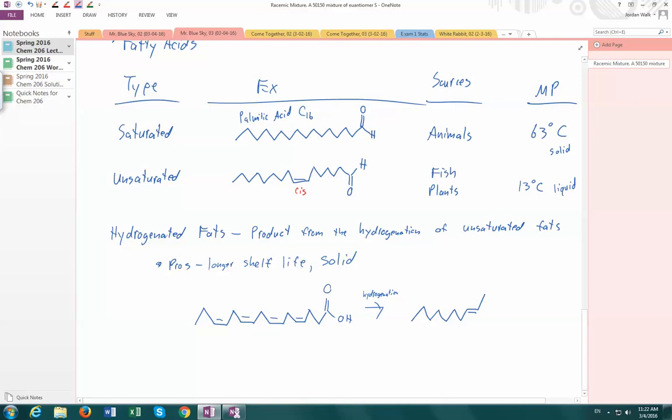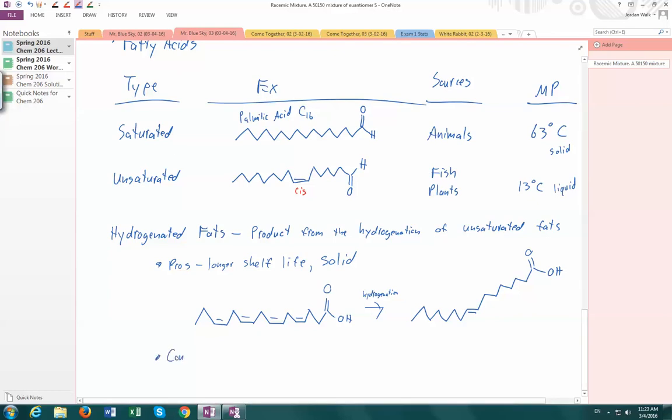We try to hydrogenate it, but all we do is isomerize it from the cis version to the trans version. So now we've got 2, 4, 6, 8, 10, 12, 14, 16. Okay. And so now we have this kink in our fatty acid, right? And so it's going to exist differently in space.